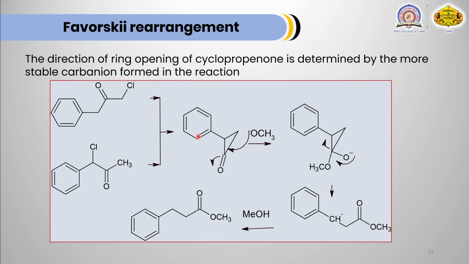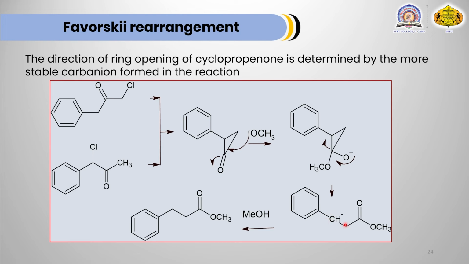After abstraction of the alpha proton, the same intermediate is obtained. Now OCH3 minus attacks this carbonyl group. In this case, ring opening takes place only one way. When this bond is broken to open the ring, a carbanion is generated on this carbon and this carbanion is stabilized by the resonance effect, meaning this negative charge can be delocalized inside this benzene ring.